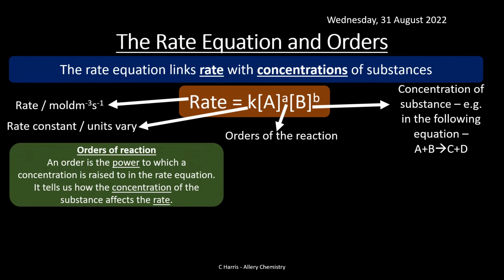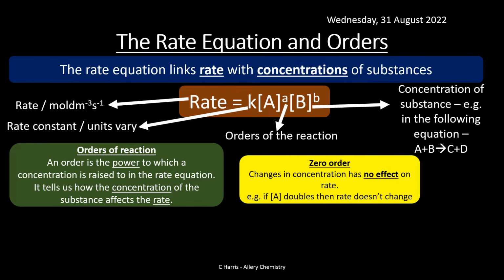Orders of reaction is basically the power to which the concentration is raised in the rate equation, as we can see there. It tells us how the concentration of the substance affects the rate. In other words, if we change the concentration of a reactant, what impact would it have on the rate? Some reactants will have no impact at all, and some will have quite a significant impact. The power is just measuring the impact that reactant could have.